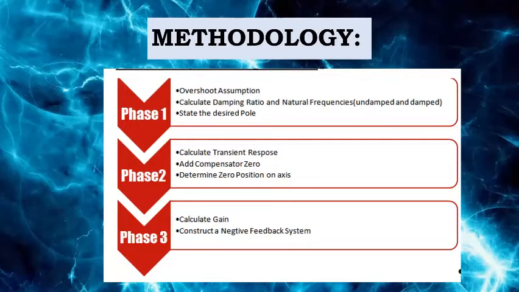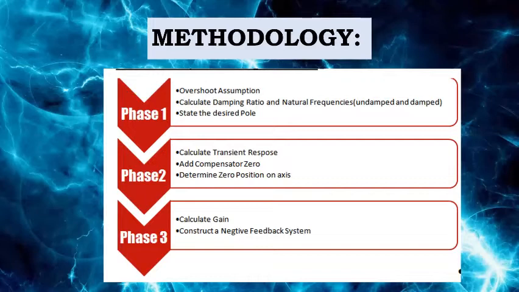Okay, thank you, Julie. So I'll be discussing the methodology for our project. It is divided into 3 phases. In the first phase, we have to make an assumption for the overshoot since it was not given in our specifications, followed by calculation for the damping ratio and natural frequencies, and state the desired pole.